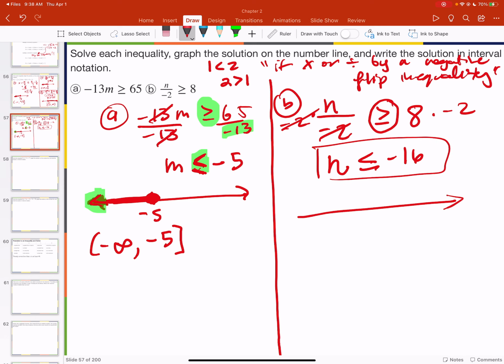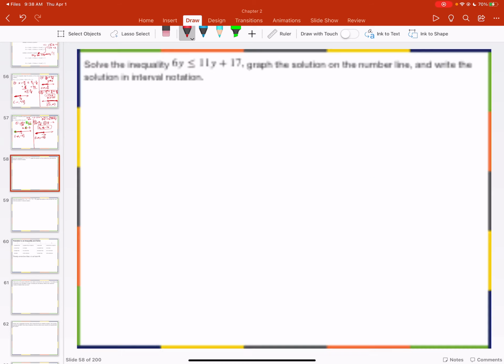Let's graph it. Negative 16, less than or equal to, so we highlight negative 16 and go to the left. In interval notation, the graph is from negative infinity all the way to negative 16, and it includes it.